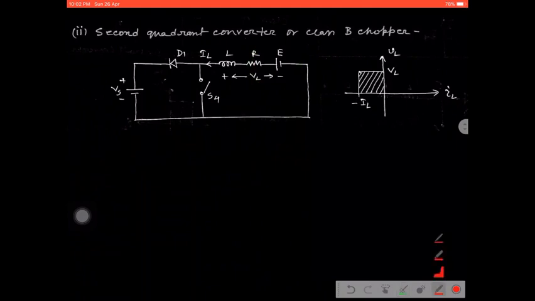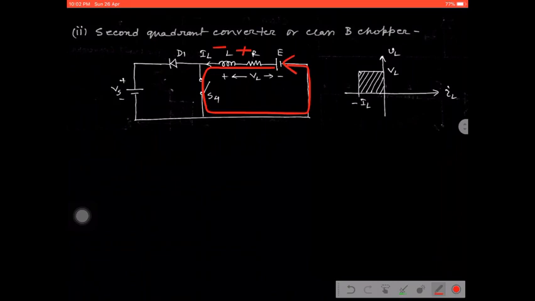So in this case when the switch is on, the current starts flowing from this direction to this direction and coming back to this direction, right? The inductor polarity is, this one is positive and this one is negative. Okay. In this way, the inductor gets highly charged with respect to supply voltage E.